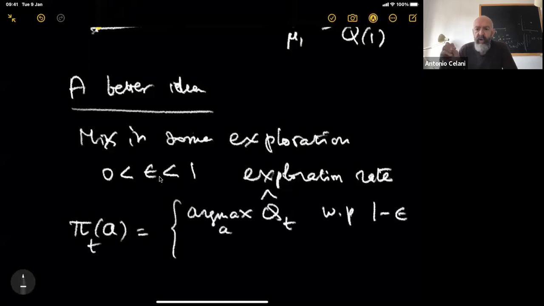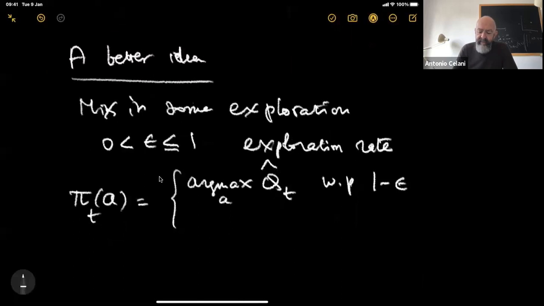Okay, almost always, in a sense, almost means depends on how small epsilon is. I will pick what my current knowledge suggests. But from time to time, according to this epsilon, I will pick any action at random.